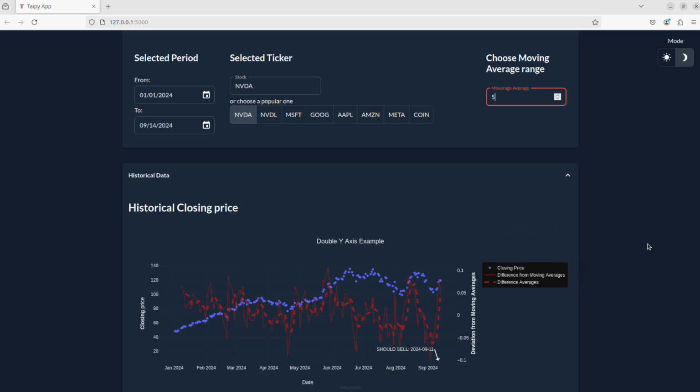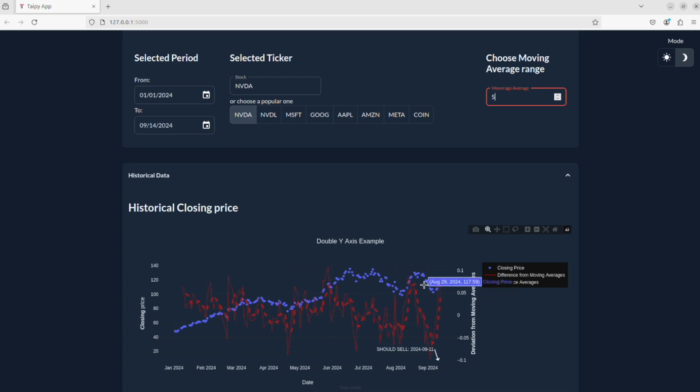From my intuition, I would most likely like to depend on the red lines, not the dashed red lines, but the actual red lines, for calling a selling date or a buying point, right?